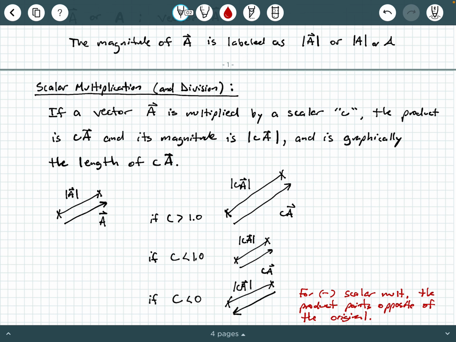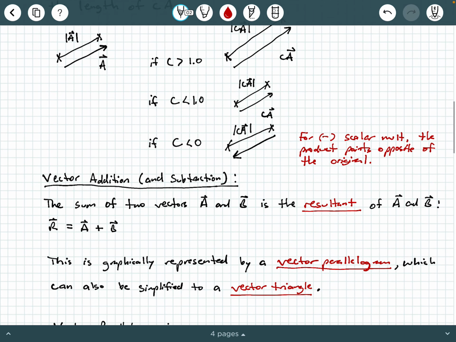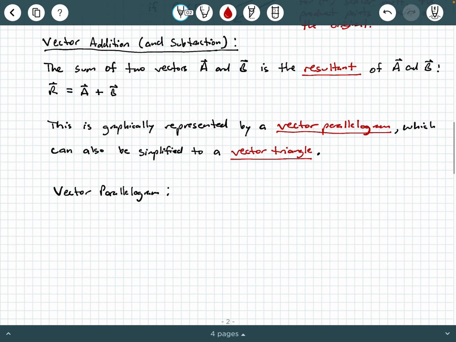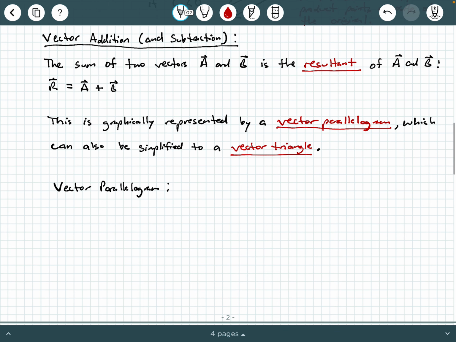All right, let's get to the next topic when it comes to vector manipulation. This next topic is going to be called vector addition and subtraction. Now, here's the thing we have to keep in mind. Remember, vectors have two things. What are they?